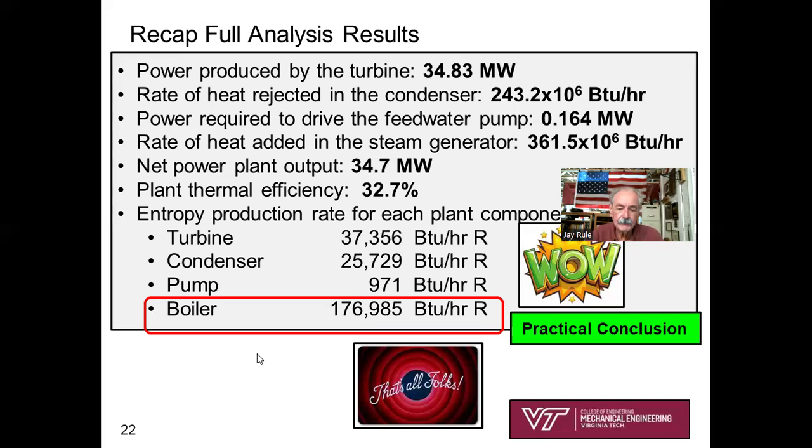If your job was to reduce irreversibility, okay, if your job was to improve net plant efficiency, where might your efforts be best spent? By doing an entropy production rate analysis, that shows you that your engineering efforts would probably be best spent focusing on the boiler process, because by far and away, look at how these numbers shake out.